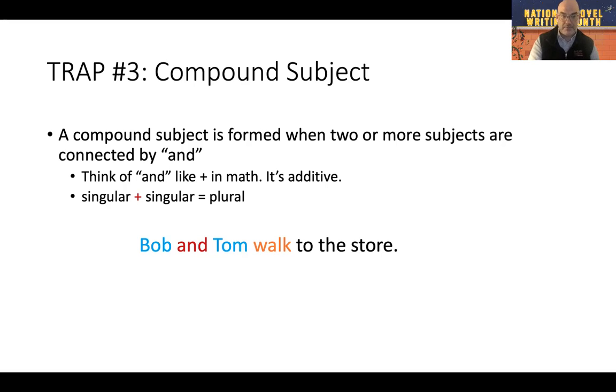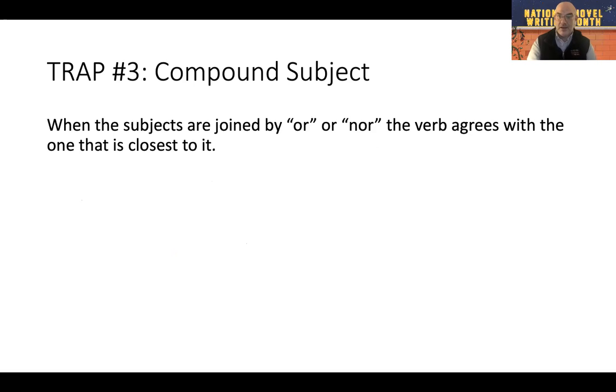Again, pretty simple, but there are some really common ways that this gets a little frustrating. The first one is when you have things that are joined by "or" or "nor." Right? So we have to think about this for a second. An "and" is like a plus sign by definition. If I say Bob walked down the street and Tom walked down the street, I could say "Bob and Tom walked down the street."